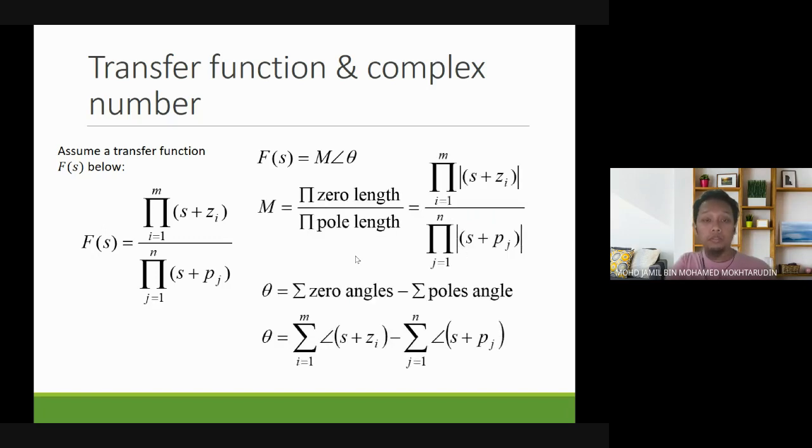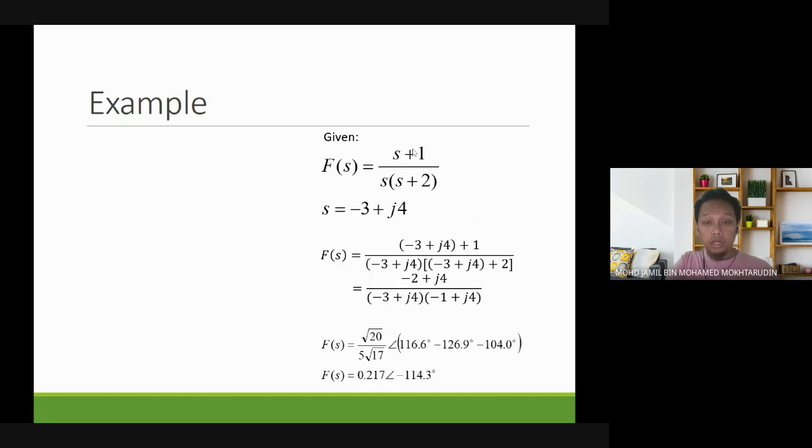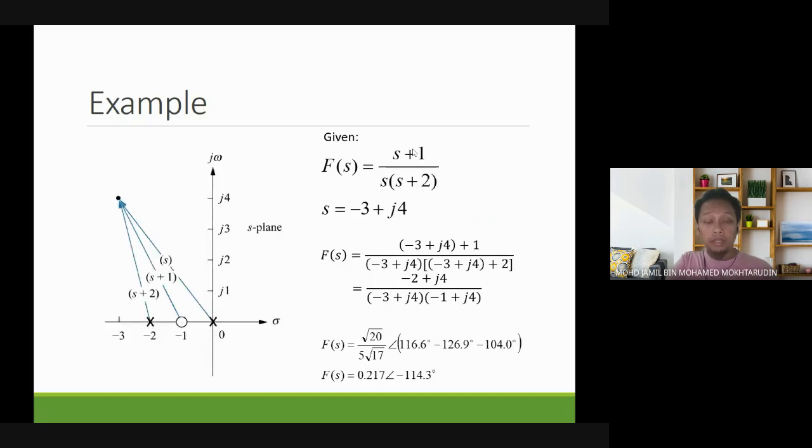So we can represent transfer function using complex number and also using magnitude and angle of the complex number. And I also showed how to simplify a transfer function in the form of magnitude and angle.